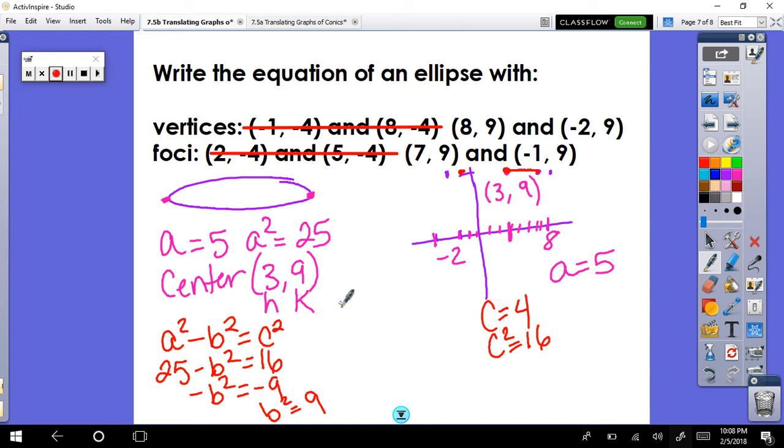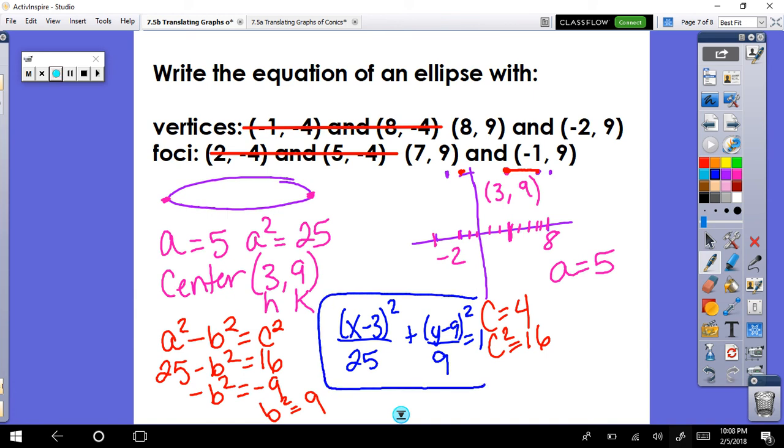Then using my general formula, plugging it in, you have x minus 3 squared over 25 plus y minus 9 squared over 9 equals 1. And the A squared value, since it opens on the x, will be under the x value, the bigger one, so 25, and then 9 will go under the y squared. So I plugged in HK for the center and A squared and B squared in their appropriate places depending on how the ellipse opened.